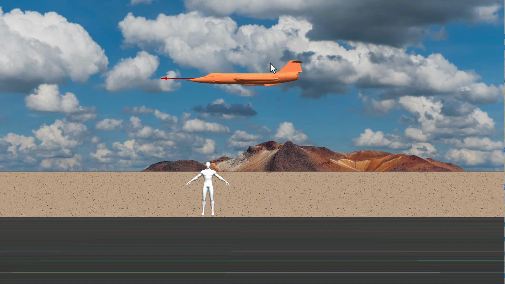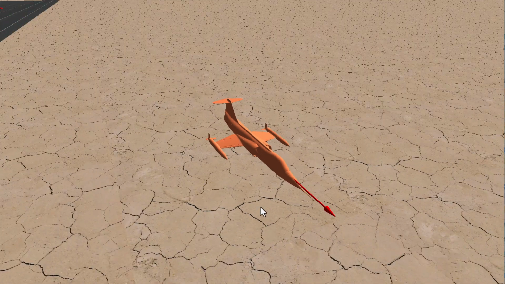Now, the vehicle you see in this simulation is a scaled down F104, and it has three different moments of inertia. It's got its minimum moment of inertia around its longitudinal axis. We can change the perspective here so you can see it a little bit better. So there'd be one moment of inertia around this axis.